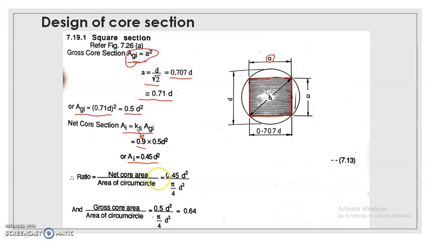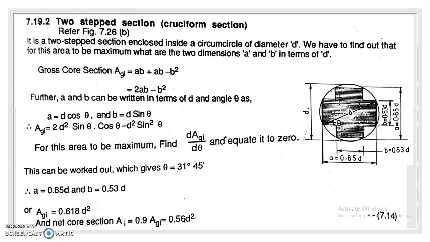Net core area is 0.45 d square upon pi by 4 d square, that is the area of the circle. And take the ratio of gross core area and area of circumcircle: we will get 0.5 d square upon pi by 4 d square, which gives 0.64 here. So these are the relations of the square section core.